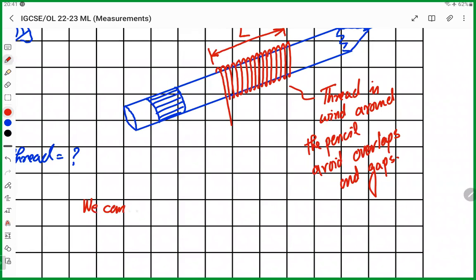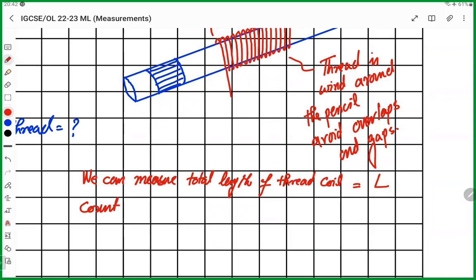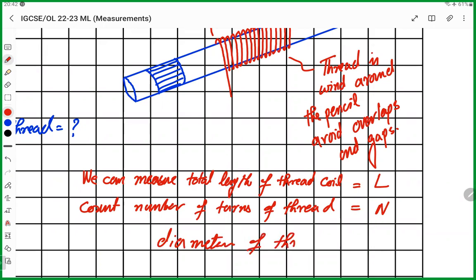We can measure the total length of the thread coil, L, count the number of turns of thread, and the diameter of thread D equals total length divided by number of turns.